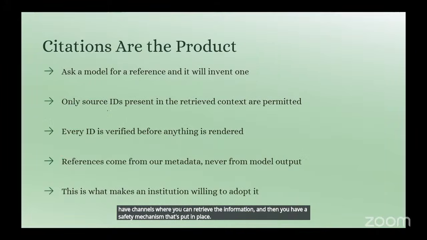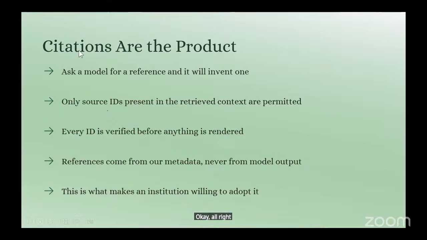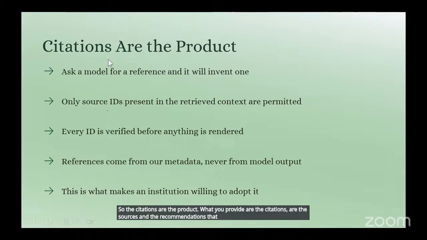So the citations are the product. What you provide are the citations, the sources, and the recommendations that the sources give. This must be done carefully, but there are tools out there to make sure that this happens.